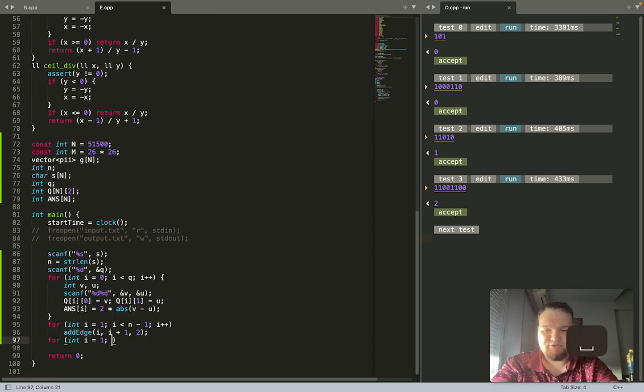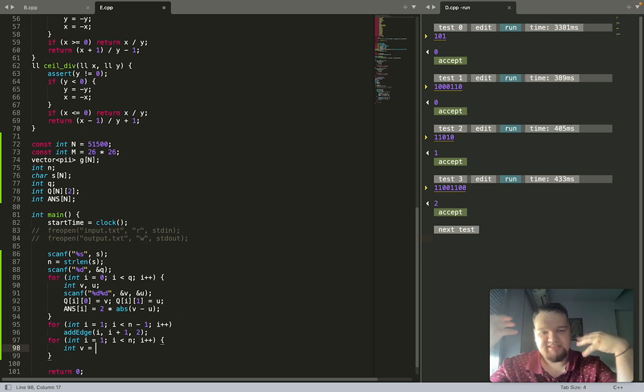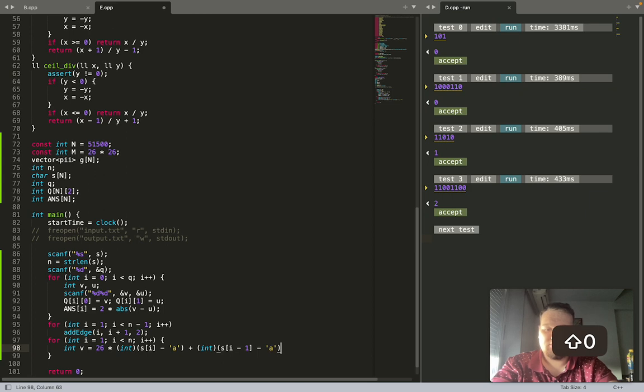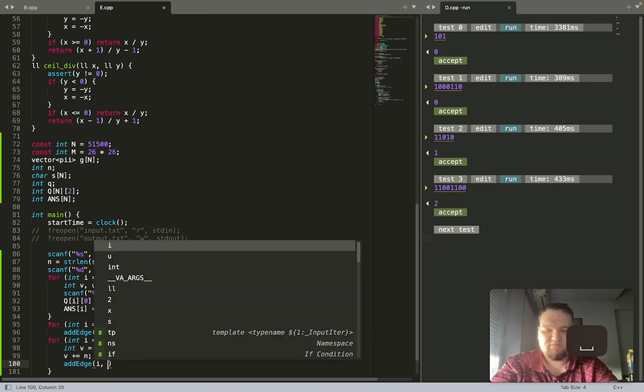And also for every position, I need to take the ID of this substring of length 2. So it's 26 times the first letter plus the second, and then add the edges to the special vertex.